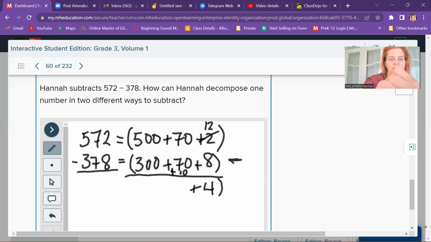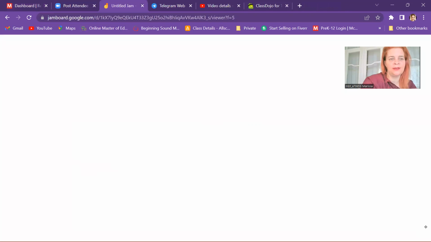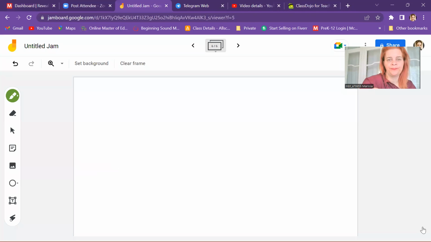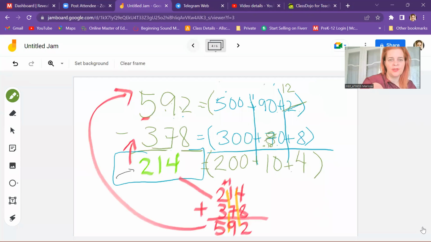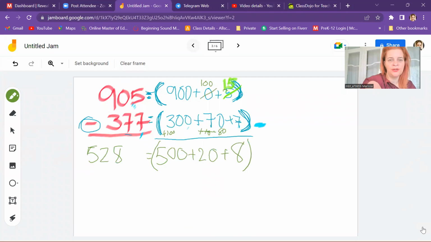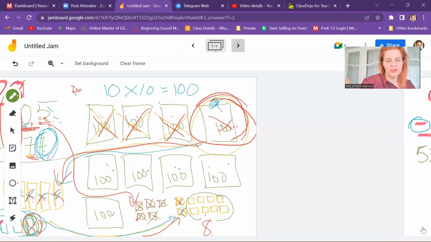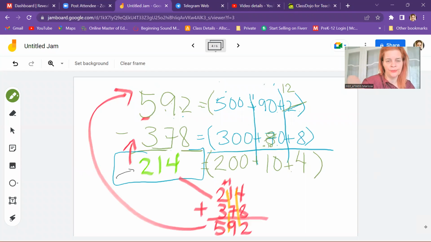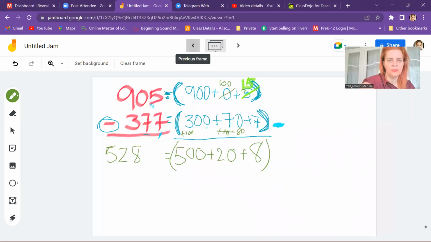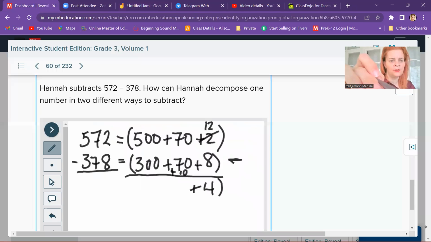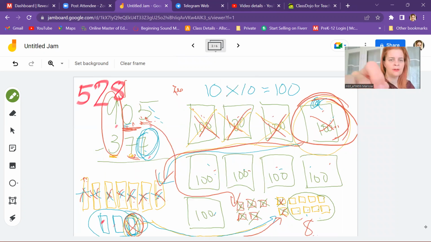Let's go back to Miss Marissa's Jamboard. I know I have it here. Let me see. Okay. This is the one I was really seriously messed up on. Let me see. 520. I was like, how come this is not right? That's 214. Wait, what's this number one? 72. Oh, okay, hold on.